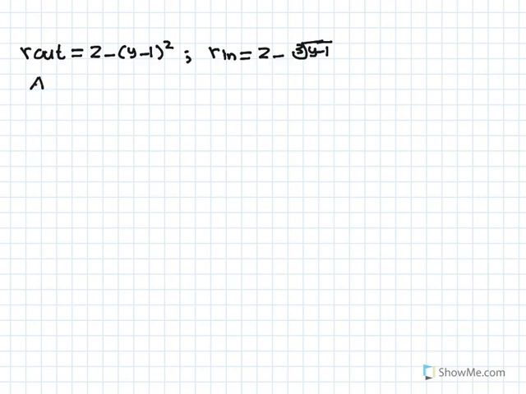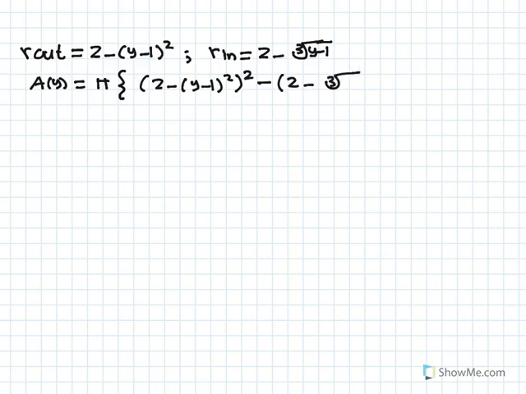A cross-sectional slice is going to be pi times outer radius squared, the outer radius is 2 minus y minus 1 squared, all squared, minus the inner radius, which is 2 minus third root of y minus 1, all squared.